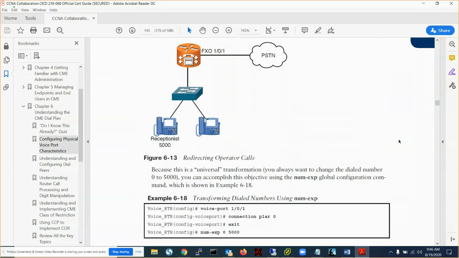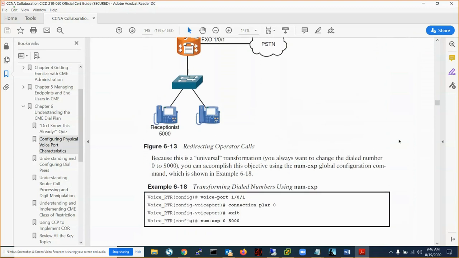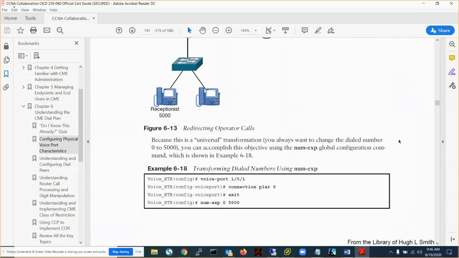But the operator extension wouldn't really be 0. Earlier we used PLAR. Because this is a universal transformation, you want to change the dialed number 0 to 5000. The operator number is really 5000, so you want to translate that 0 to 5000.